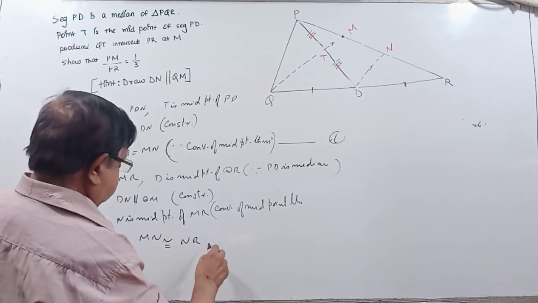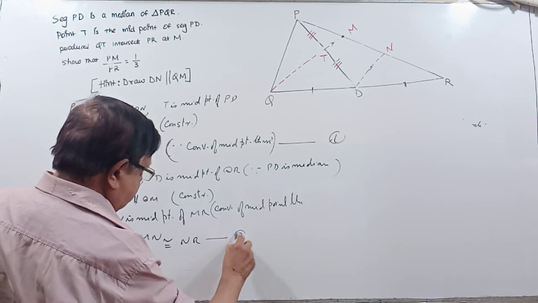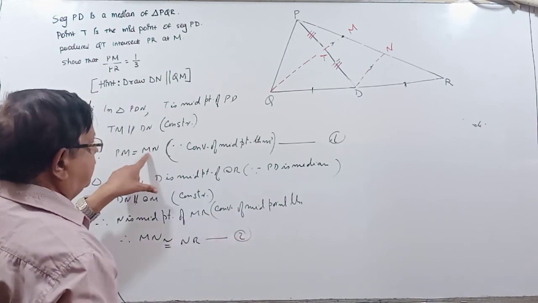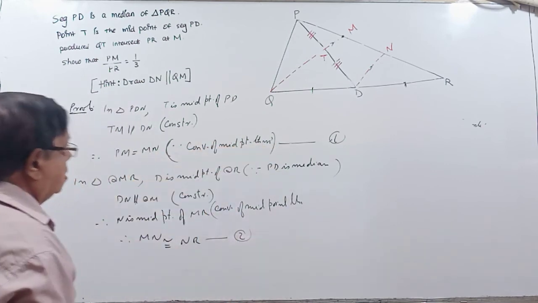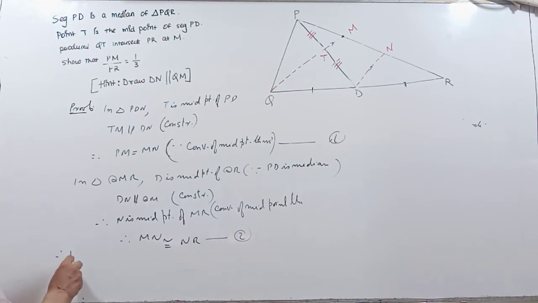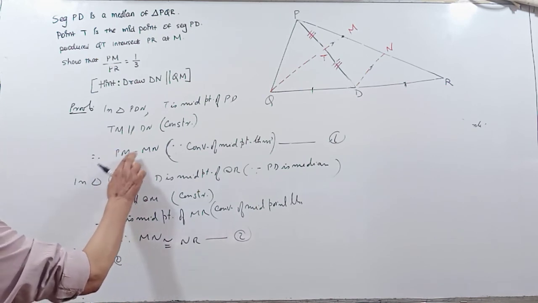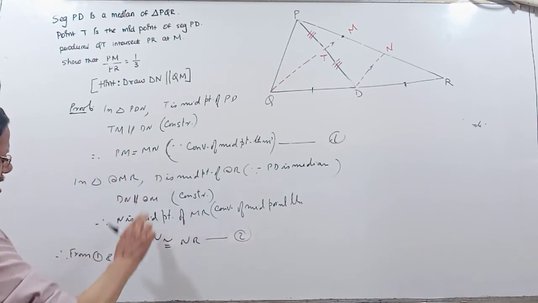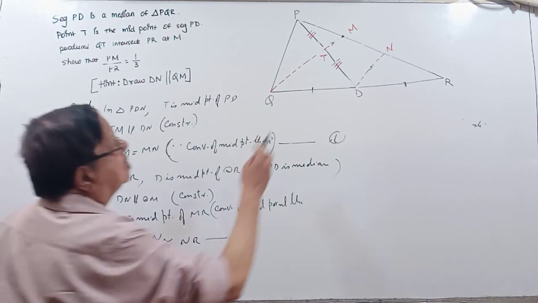This is second. This is first. Therefore, from 1 and 2, one says that PM is congruent to MN, 2 says that MN is congruent to NR.